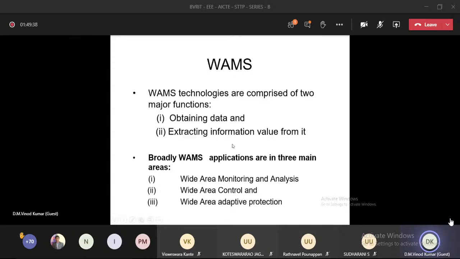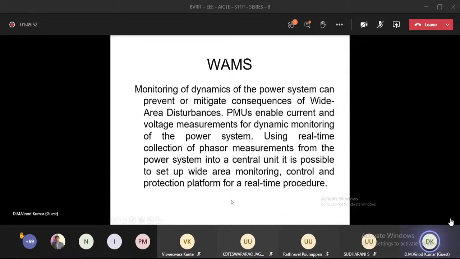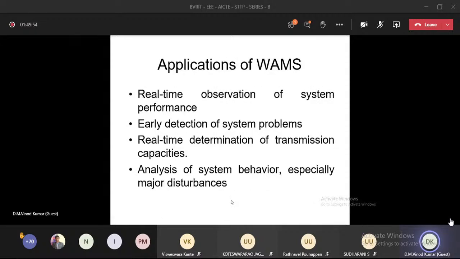WAMS is based upon these three things, as I was mentioning: wide area monitoring and analysis, wide area control, and wide area adaptive protection. Some of the applications of WAMS are real-time observation of system performance and early detection of system problems.